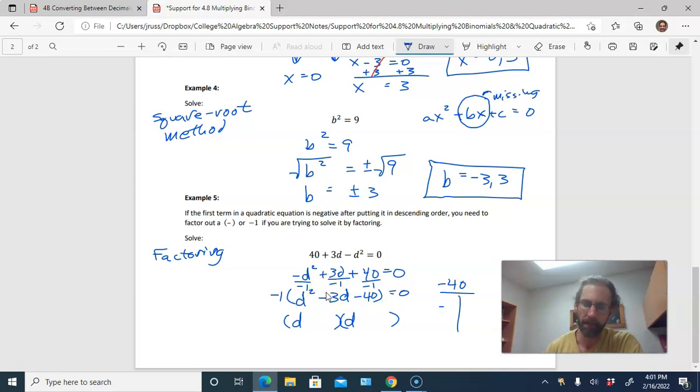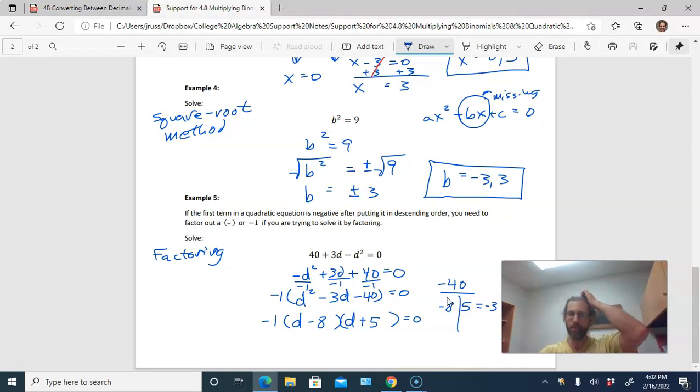I think negative 8 and positive 5 will do it. If you combine those two, negative 8 plus 5 is negative 3. And when you multiply these two numbers, they still give you negative 40. So we'll plug them in. d minus 8 and d plus 5. And don't forget that -1. Okay? So we have it factored now.